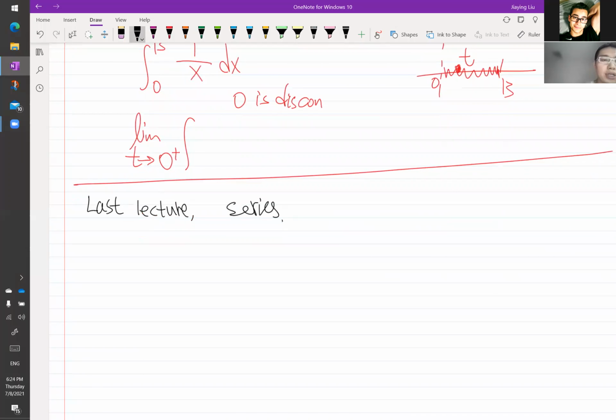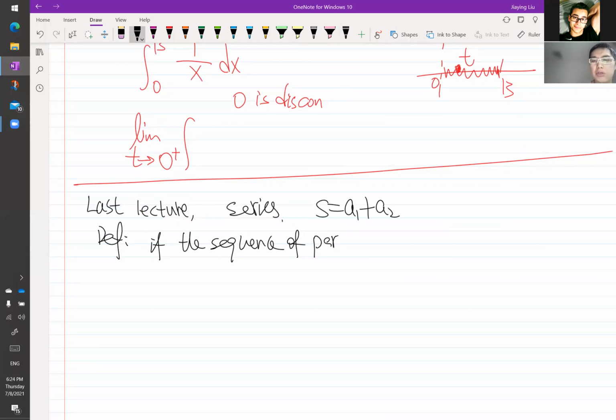So the definition says, if the sequence of partial sums of a series, so a series is S equals A1 plus A2 and so on, right? We can use sigma notation of An going from 1 to infinity.